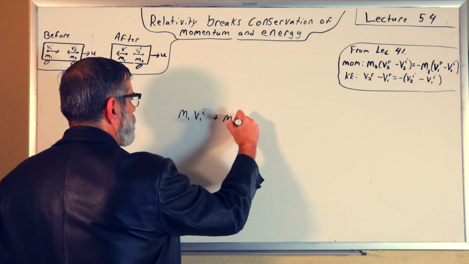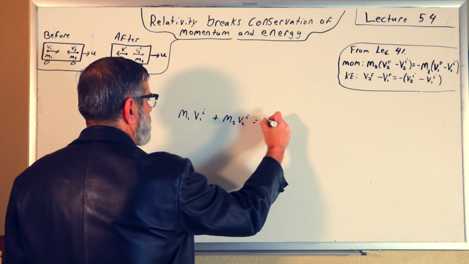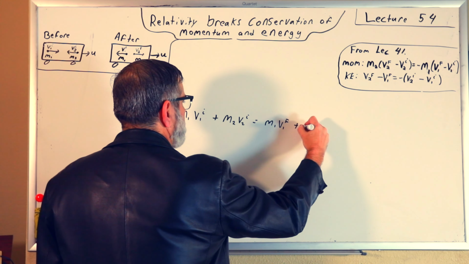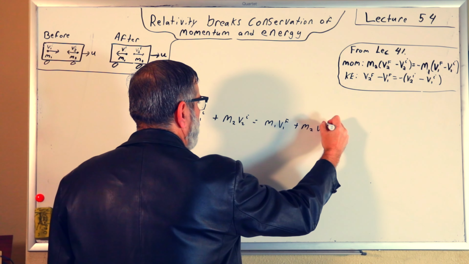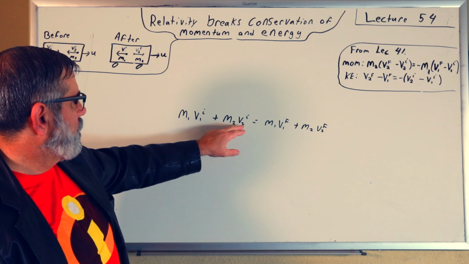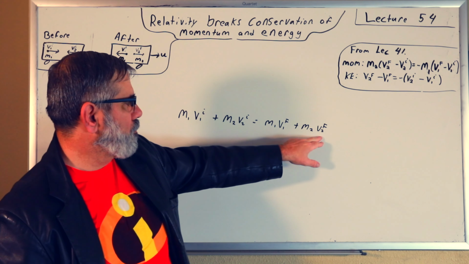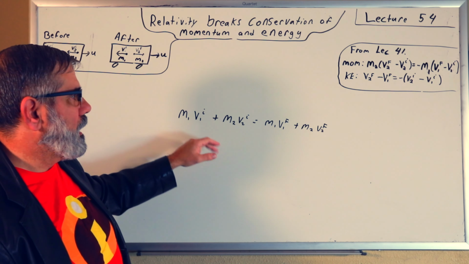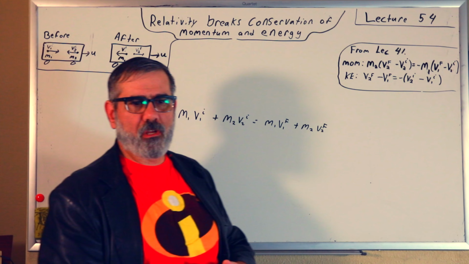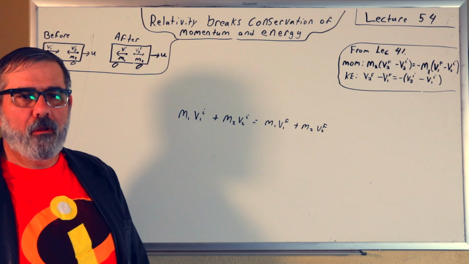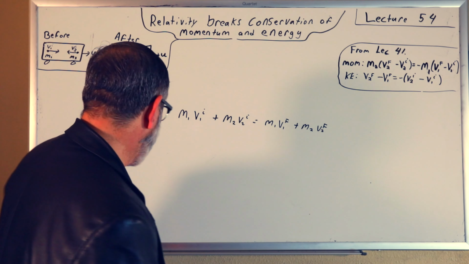Plus mass 2, velocity 2 initial is equal to mass 1, velocity 1 final, plus mass 2, velocity 2 final. If I rearrange this, and move mass 2, velocity 2 initial over to the right-hand side and the mass 1, velocity final to the left-hand side, that's how we get this equation. So I'm just collecting particle 2 terms and particle 1 terms together. It'll make it easier to work with, as you'll see.